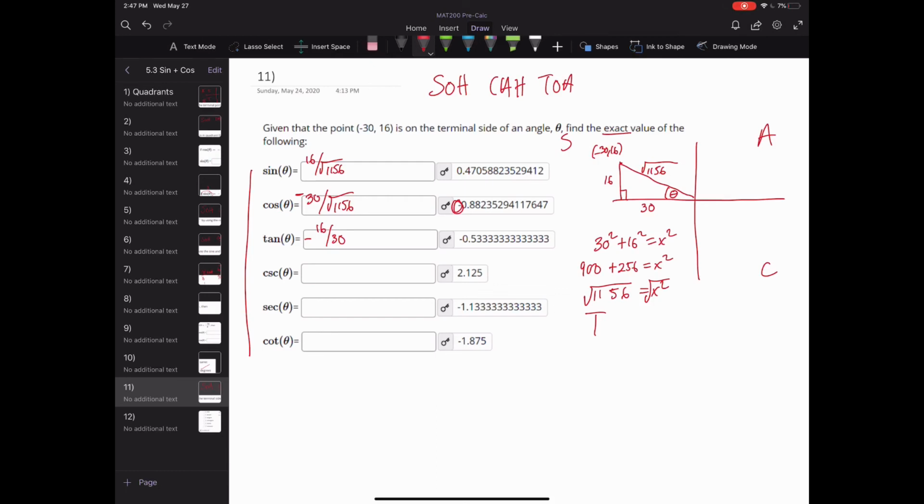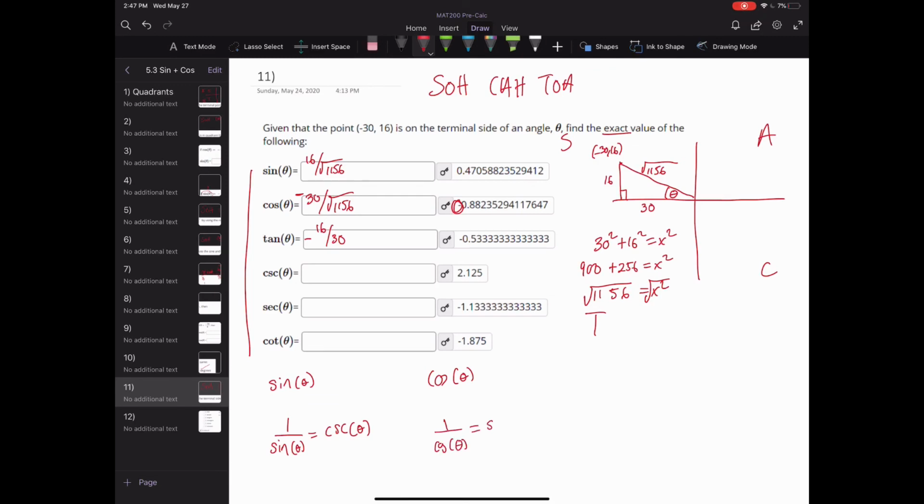Here's what we need to know about cosecant, secant, and cotangent. If we have sine of theta, we call 1 over sine of theta the cosecant of theta. If we have cosine of theta, we call 1 over cosine. You want to guess what it is?